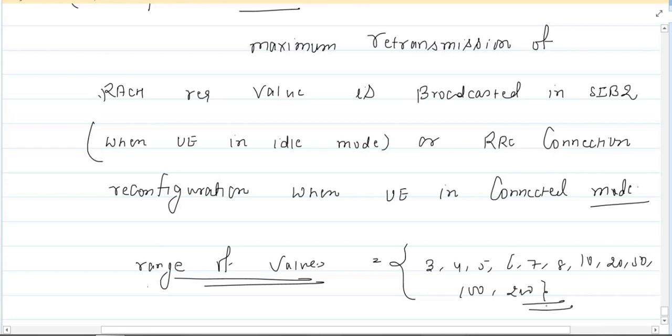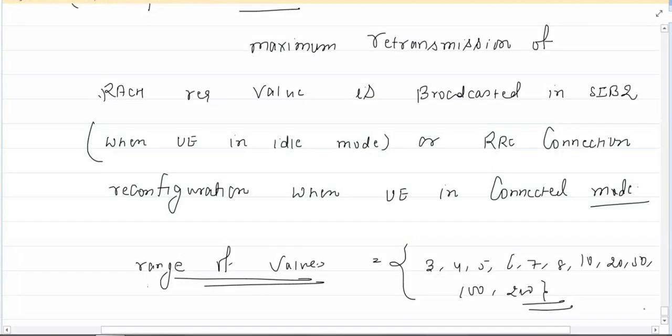These are the only possible values. So any one of these the eNodeB will broadcast to you. So whatever value is given to you, the UE has to retransmit the RACH request based on this value. Clear? Dhaneshwar. Clear? Fine. Yes, sir.